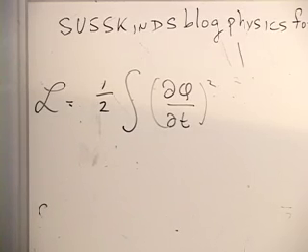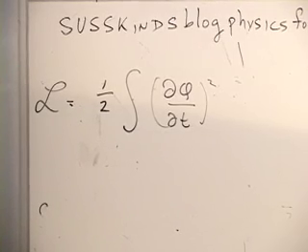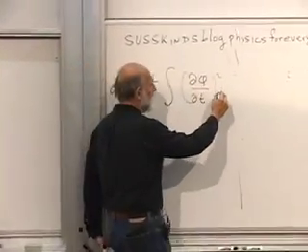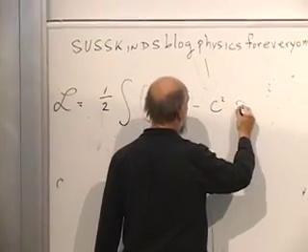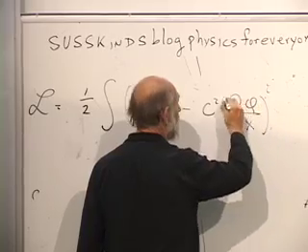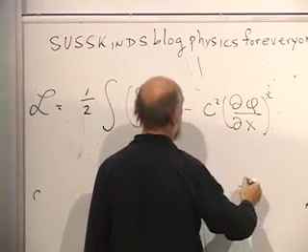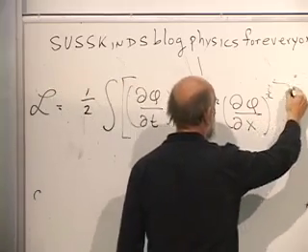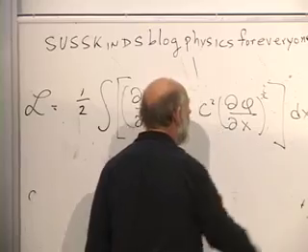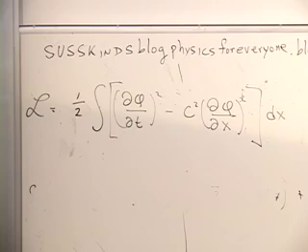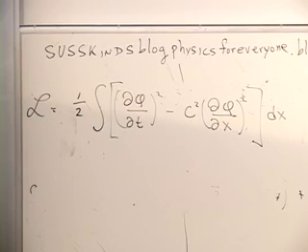That's the first term, the same as phi dot squared, minus c squared d phi by dx squared, all times dx. That's the Lagrangian. Now notice the Lagrangian is an integral now. It's not a sum over terms. It's become an integral.